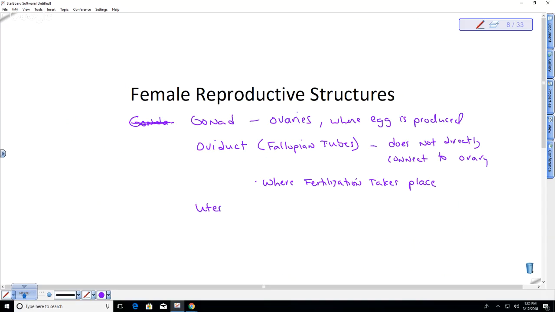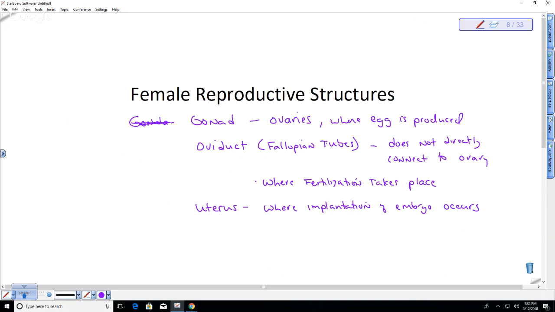Then the uterus is where the implantation of the embryo occurs. If it occurs in the fallopian tube, that is bad. Sometimes it does, and it's called a tubal pregnancy.